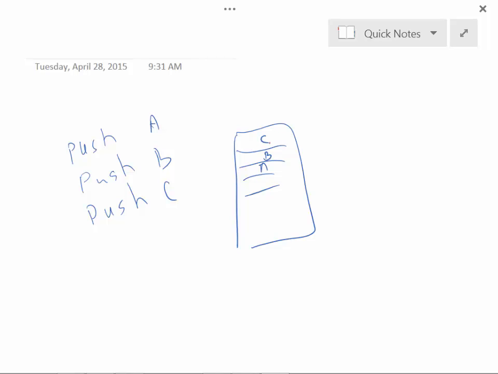We pop it out in reverse order: pop C, pop B, pop A. In other words, last in, first out.